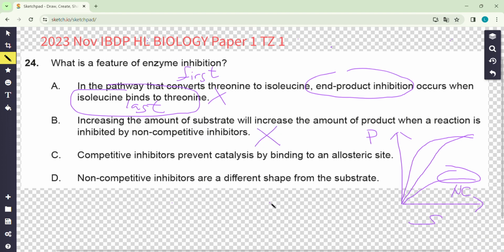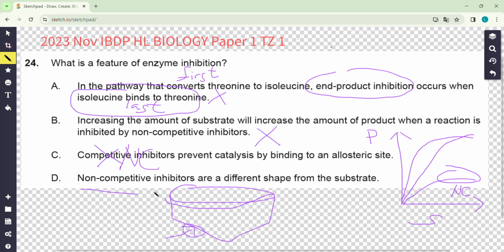So about C, okay, about these, we have to remember for an enzyme, there are two parts, right? One part is the allosteric site, and the other part is the binding site, okay? For the competitive inhibitor, it binds to the active site.